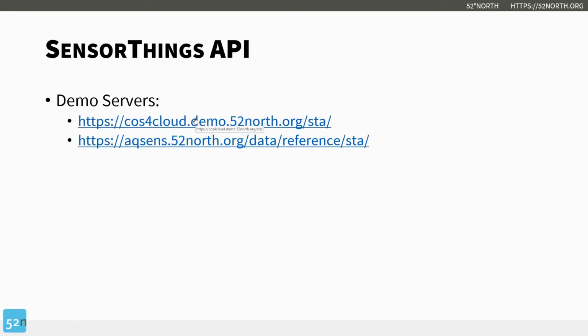So what we have here is we have two servers prepared for this demonstration. One is an STA instance provided by the Cos4Cloud project, which 52North is involved in, that is providing a SensorThings API endpoint for citizen observatory data.